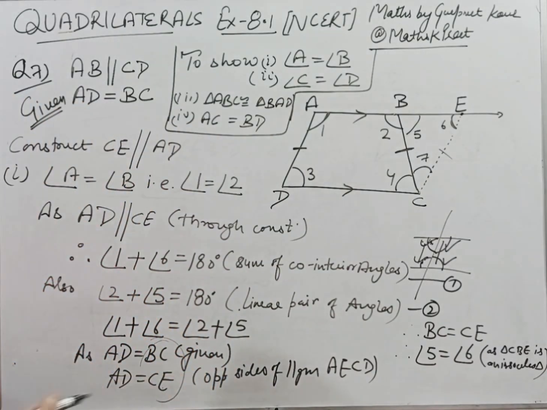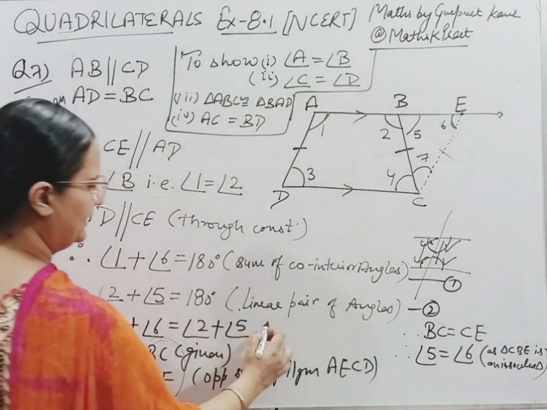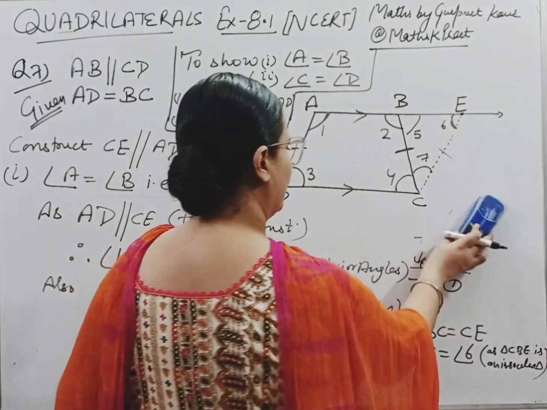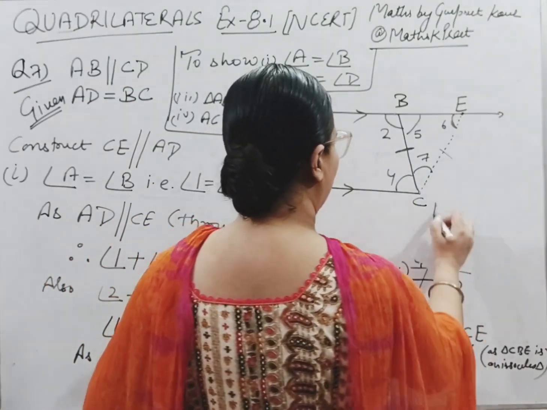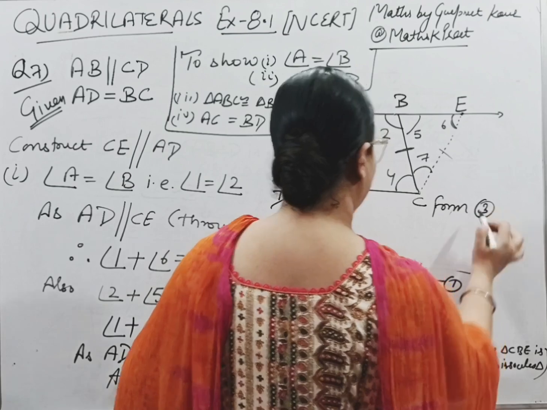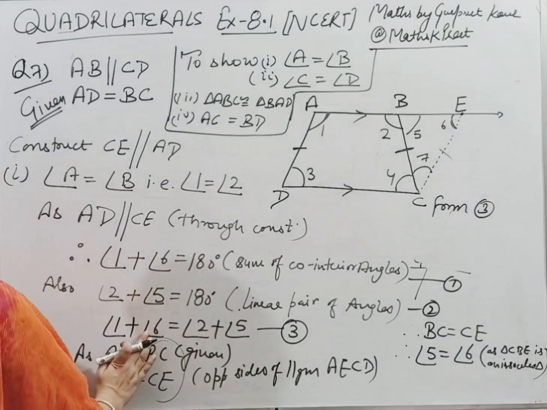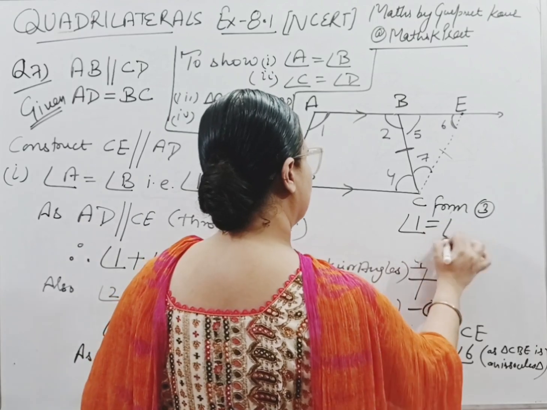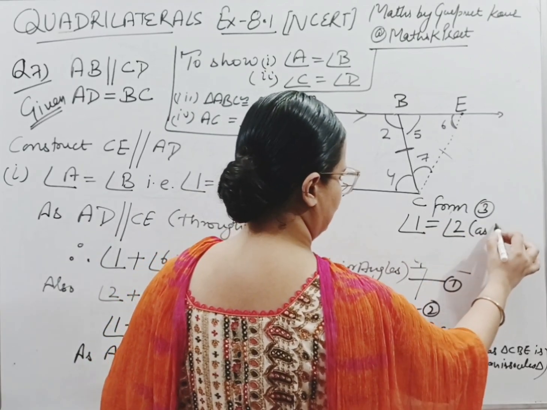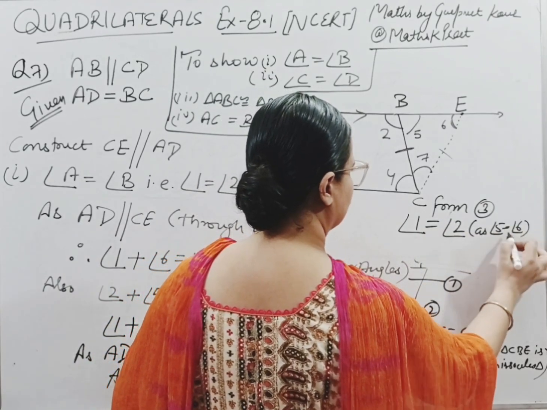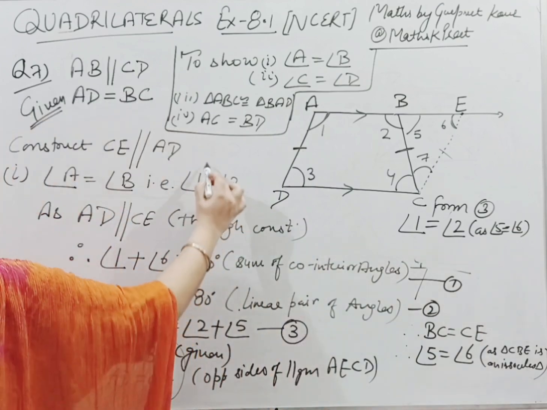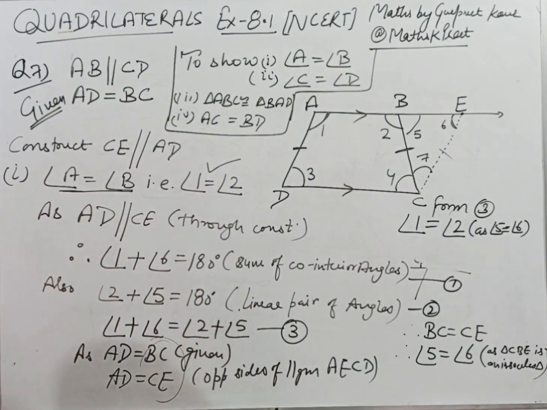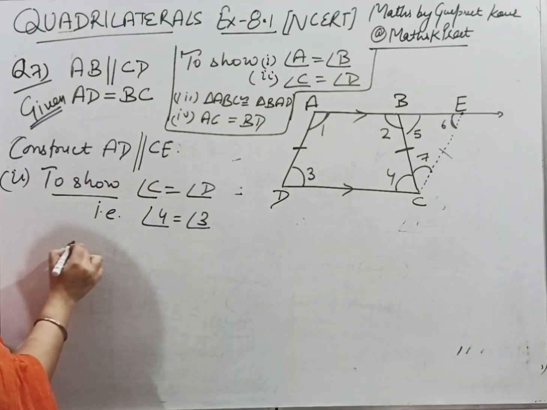Now we have angle 5 is equal to angle 6, and I am back at number 3. From number 3, as angle 5 is equal to angle 6, I can cancel these out. I am left with angle 1 is equal to angle 2. So angle 1 is equal to angle 2 means we have proved that angle A is equal to angle B. This was the first part.